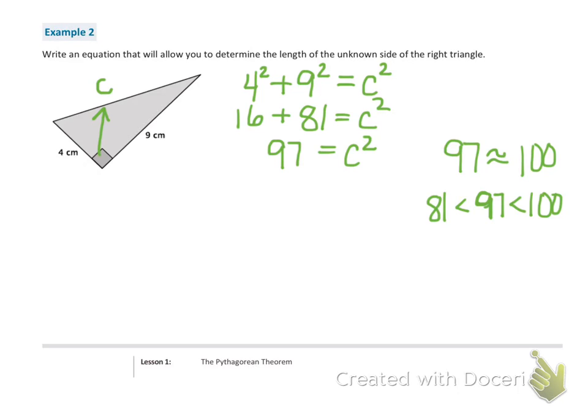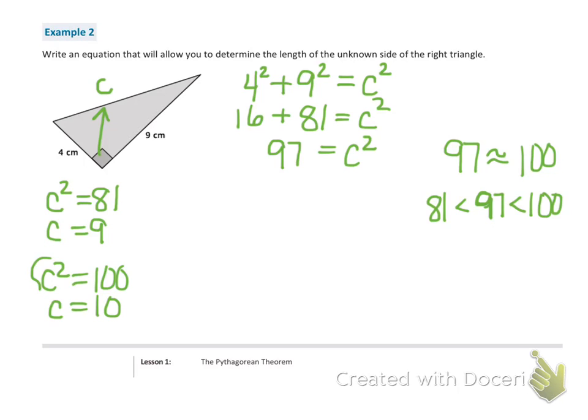Okay, so I could say that this length of C would be somewhere between 9 and 10. Because if C squared was 81, then C would equal 9. And if C squared was 100, then C would equal 10.